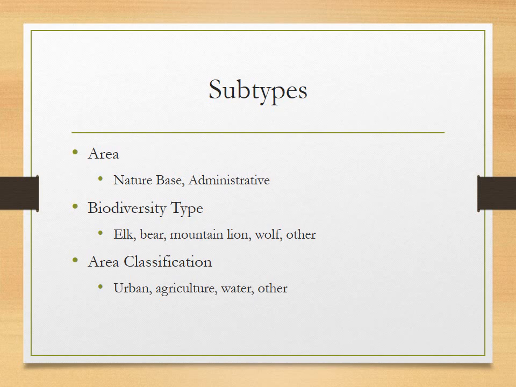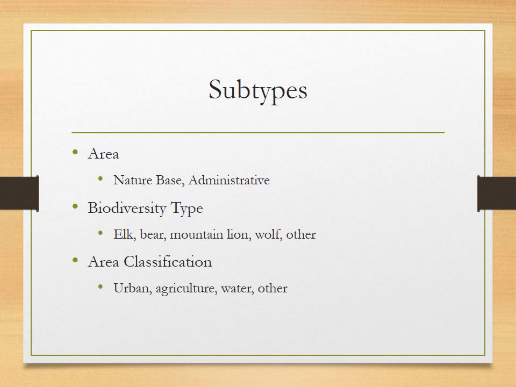Biodiversity type: we want to focus on what directly impacts elk populations. So that's the elk themselves, predators such as bears, mountain lions, and wolves, and certain fauna and flora that relate. We don't want the observer inputting data on specific bird species that may not directly affect the elk population themselves.